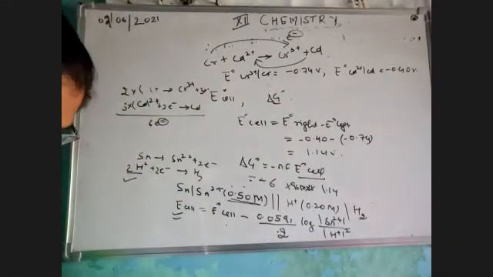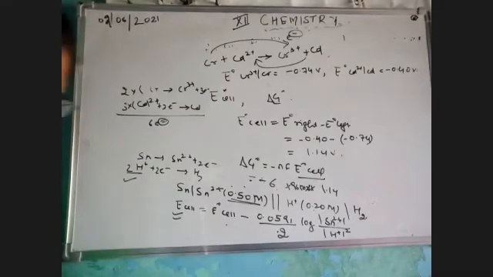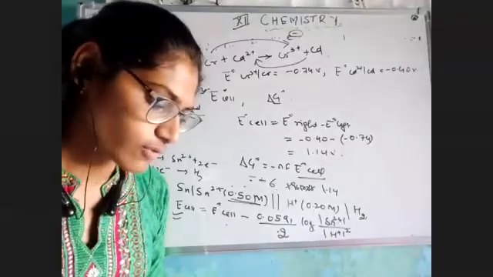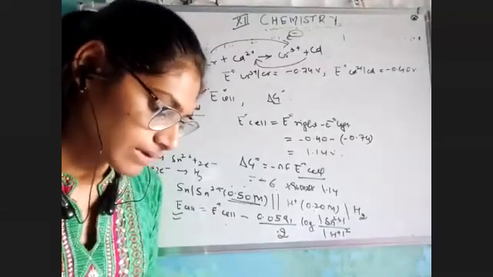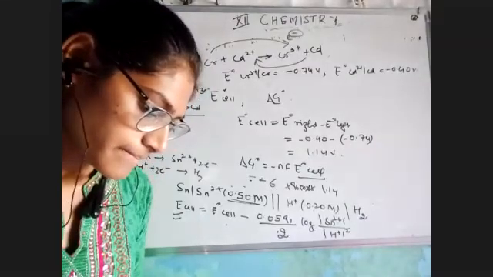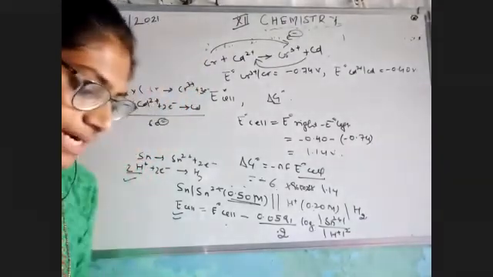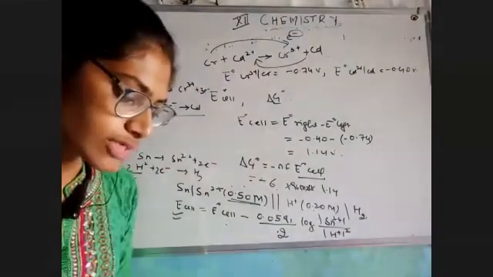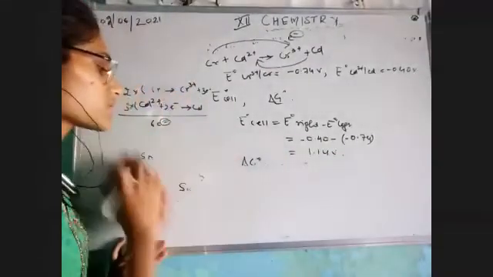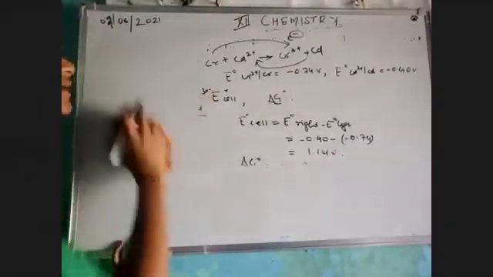Now just see one or two questions. I just want to say the questions are very easy, and all have been done, so I do not want to take much time on this. Let's take a very simple question. The question is: the conductivity of 0.20 molar solution of potassium chloride at 298 K is given in Siemens per centimeter, and we have to calculate the molar conductivity.